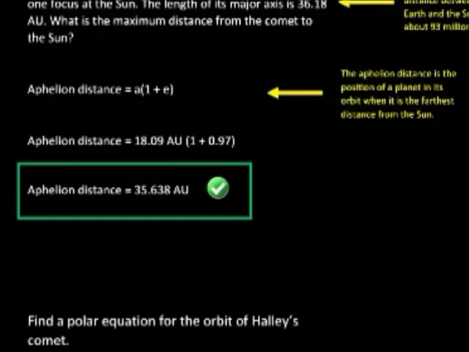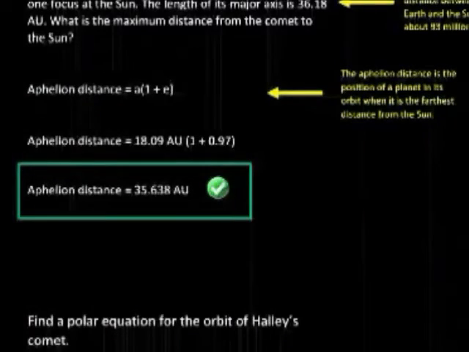When we plug these values into the equation, we get 18.09 AU times (1 plus 0.97), which simplifies into 35.638 AU, so we know that the farthest distance the Earth will be from the Sun is 35.638 AU.